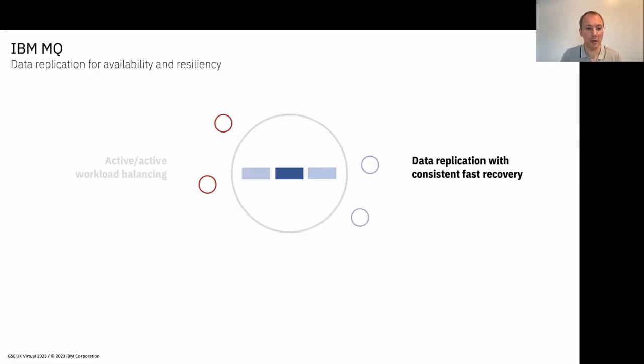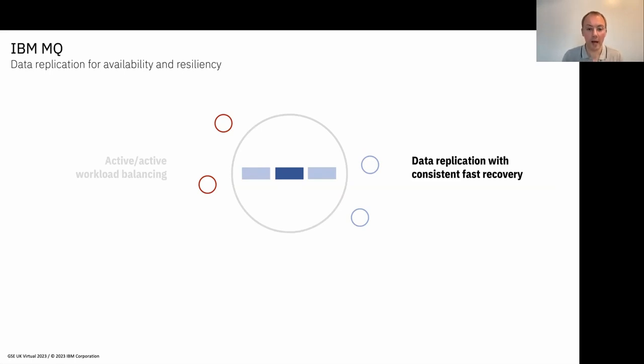So if we go back to look at some of those qualities I mentioned around availability and resiliency. First off, we can start off with having a single queue manager that's built on one of these resiliency options, such as native HA, at which point we'll have an active instance and some passive standbys. So this provides data replication because we've got the data being stored in multiple places, and we've got consistent fast recovery due to how the HA solution works.